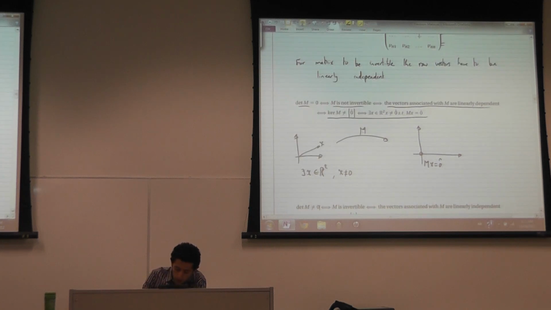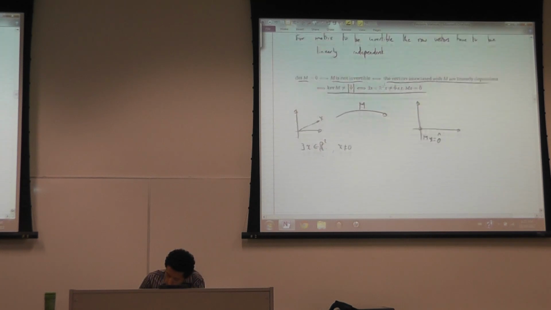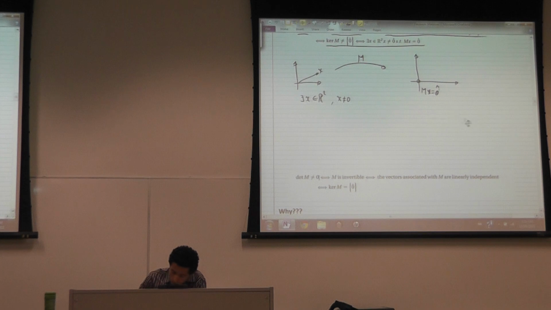For example, the matrix 1, 1, 2, 2, if I multiply it by the vector negative 1, 1, I will get 0, 0.